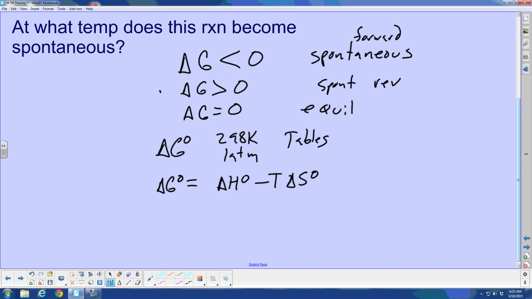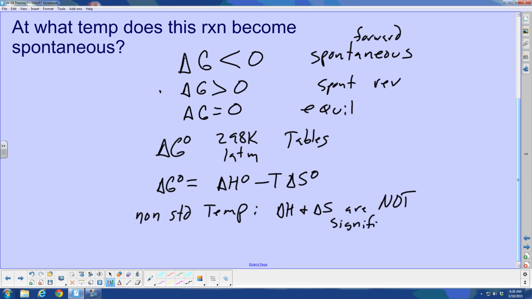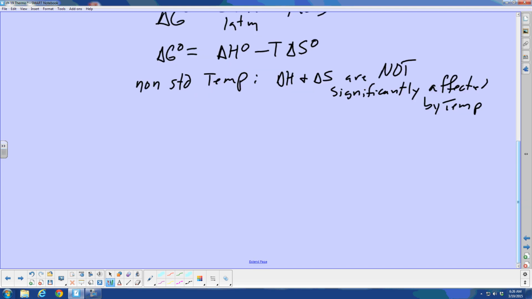And then last time we were talking about what if I am not at standard conditions. So at non-standard temp, what did we say? Well, we said that delta H and delta S are not significantly affected by temp. So what was our equation for non-standard?